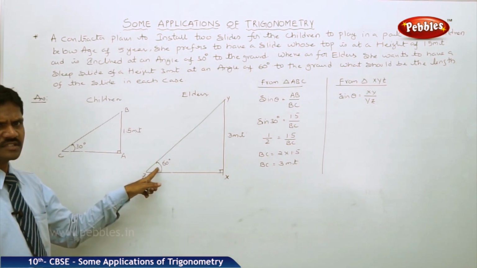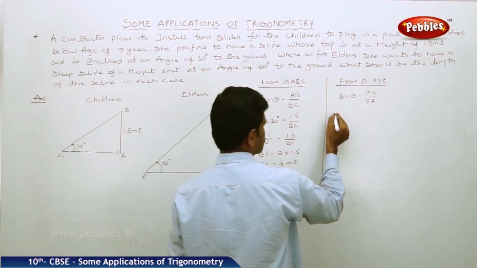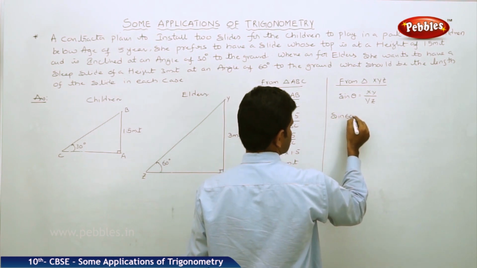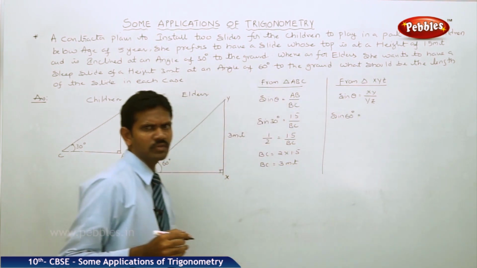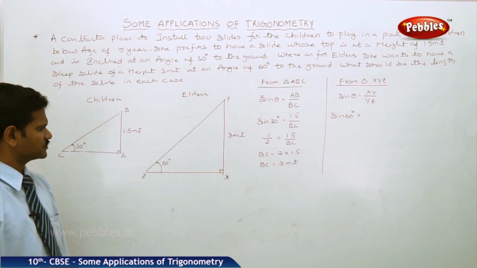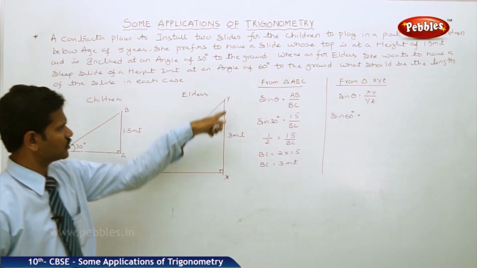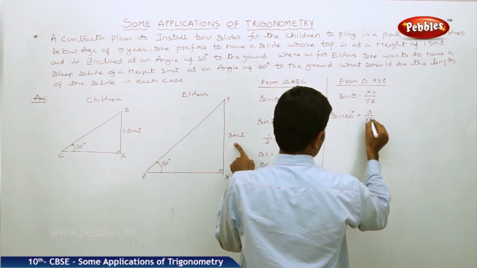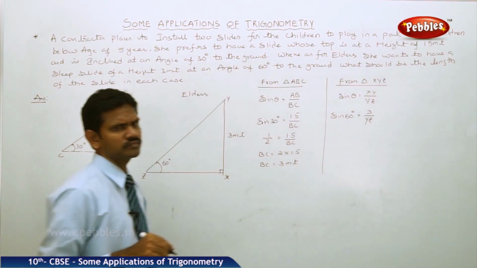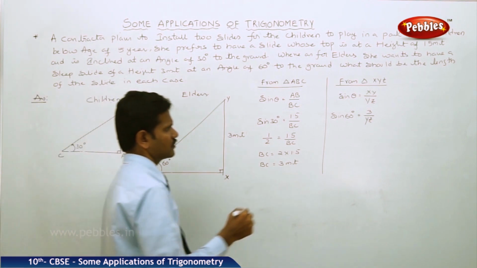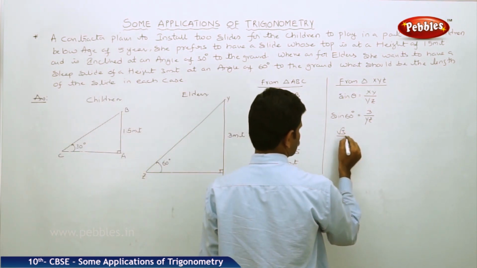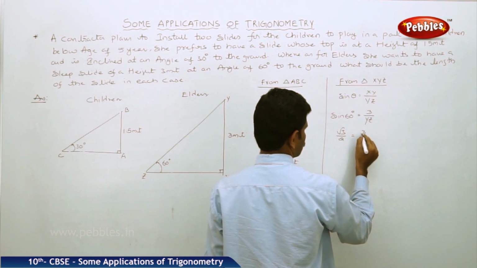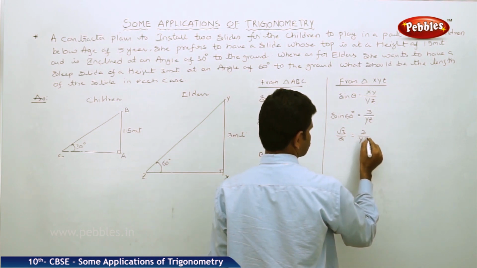Here theta is 60 degrees, replace theta value with 60. Sin 60 degrees is equal to XY value 3 meters by YZ, we have to find out. Sin 60 is root 3 by 2 is equal to 3 by YZ.